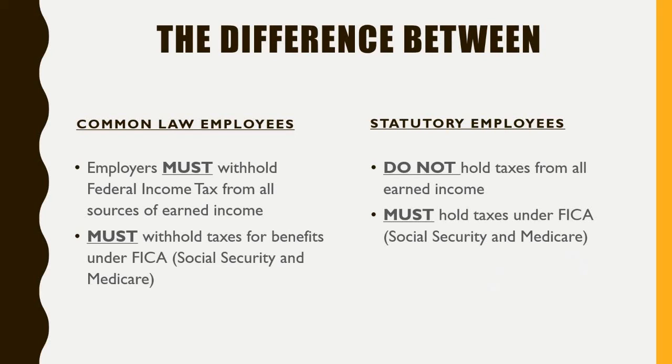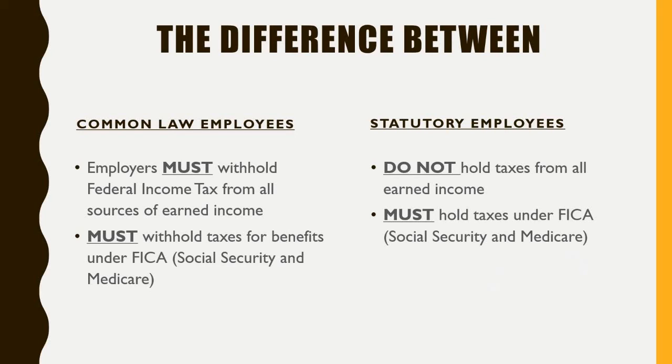That means if they're working under your company, they are subject to paying into their own federal income tax. So it says employers must withhold, meaning the employer must take that out of their paycheck to pay into the federal income tax, because everybody that works has to pay income tax. And that is what the common law workers are required to do.